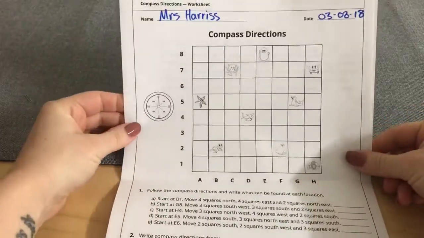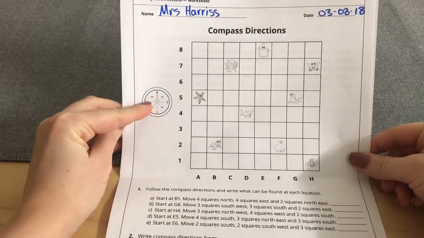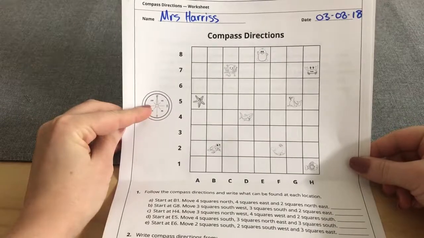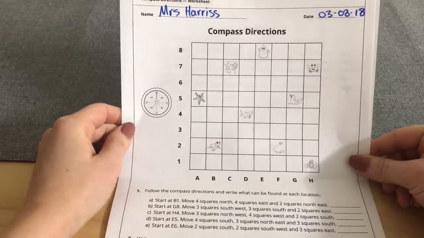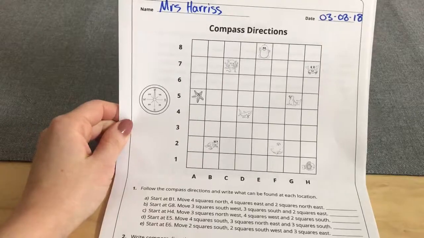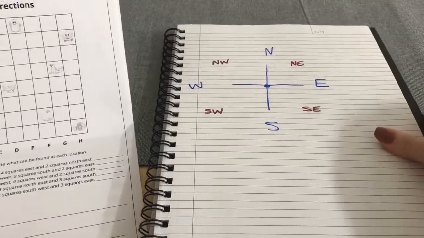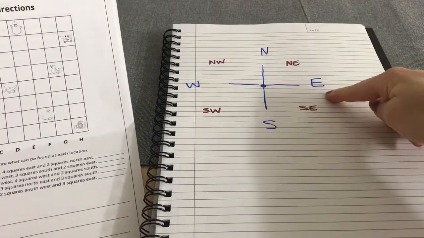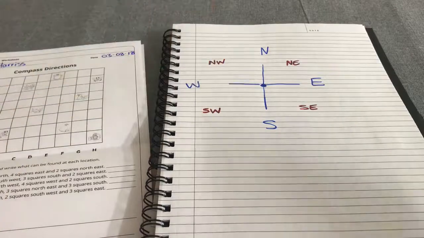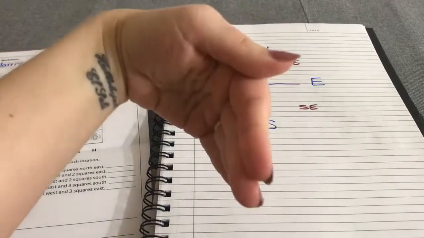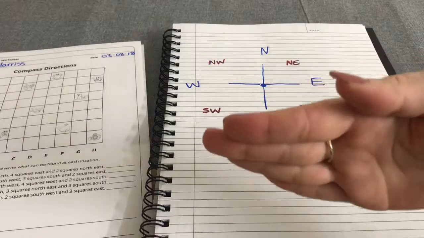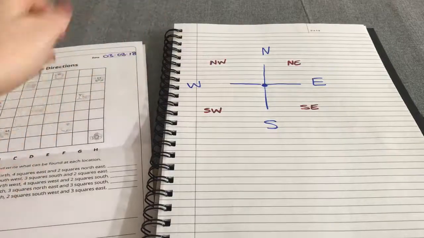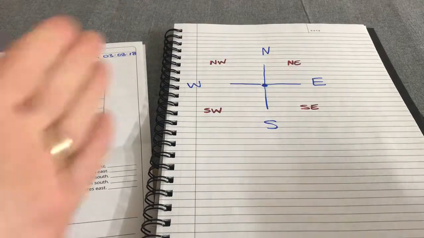So we remember that we can use this, which is our compass, to find and locate different locations on a map or to locate different objects on a map. And I've actually made it bigger for you here so we can see north is going that way, east is going this way, we've got south, which is going towards me, west, which goes this way, and then we've got all of these little in-between ones that point as if you were going north but east as well.